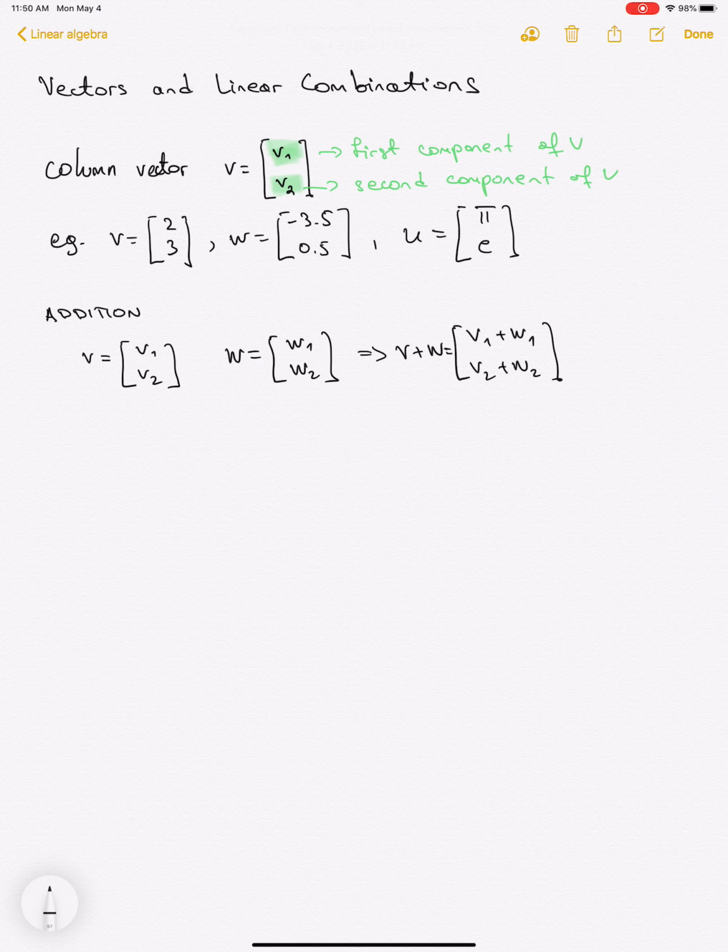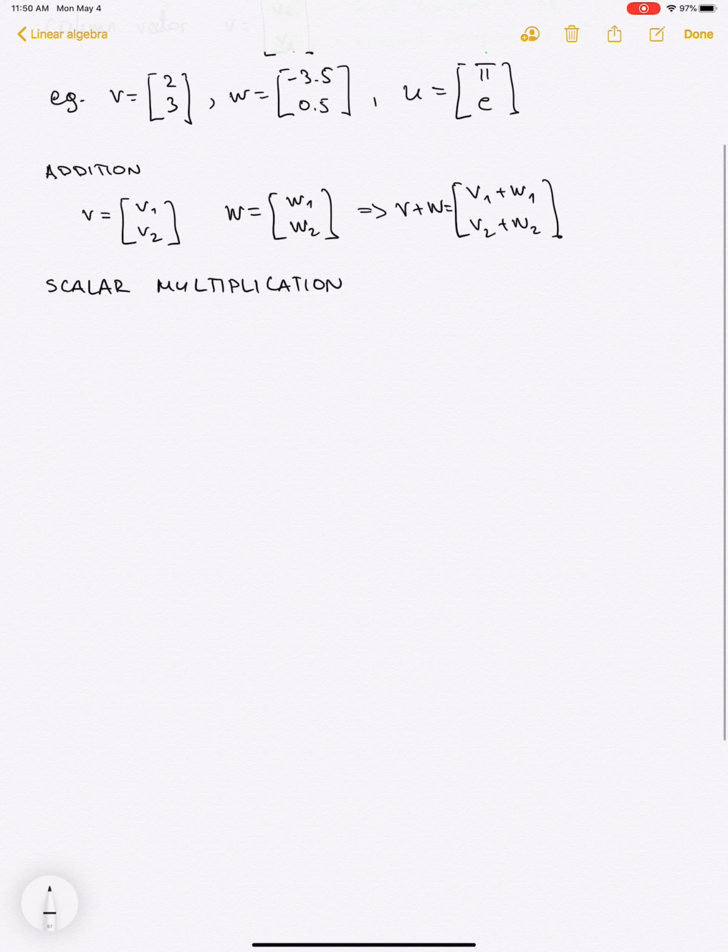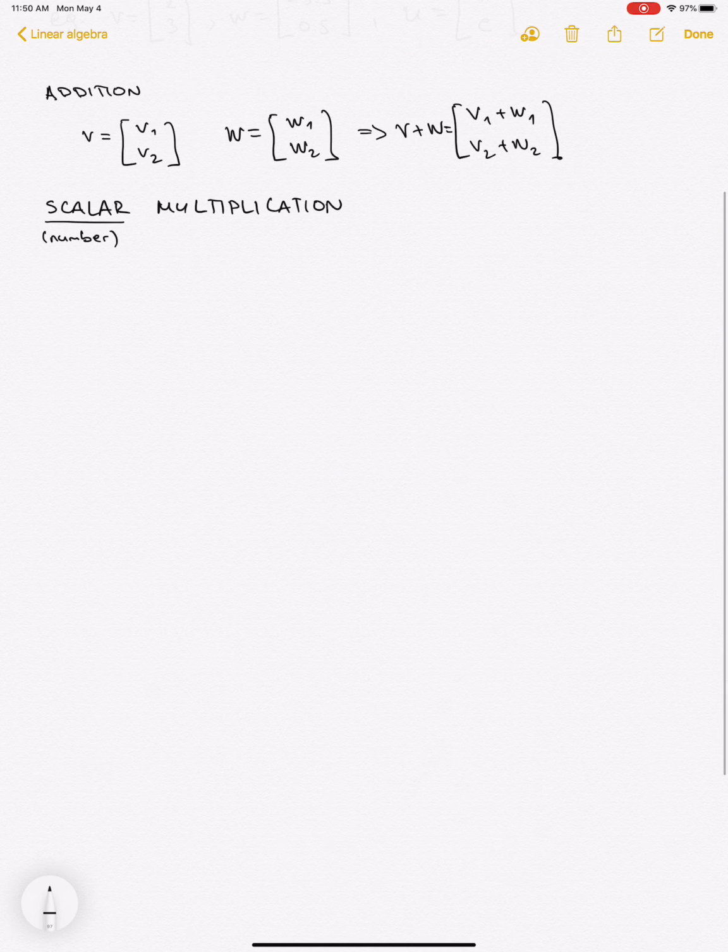The other operation is scalar multiplication. Scalar here means a number. So this is just some number, any real number would do.